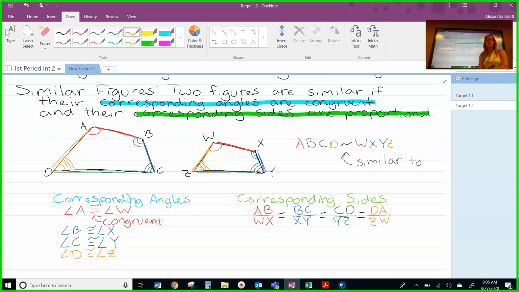Okay, so you're just creating fractions with the sides, and we'll see some examples of that. One thing to be careful with, though, is notice that I always put this shape on top and this shape on bottom. So they have to go in the same order. So if you do AB over WX, then you always have to start with this first one over here. If you switched it, then you'd have to switch all of them. Okay, so it's okay to switch it, but make sure that you're actually switching all of them.